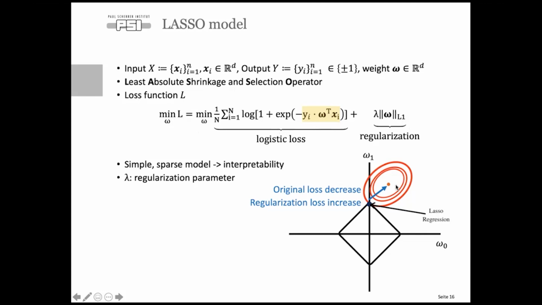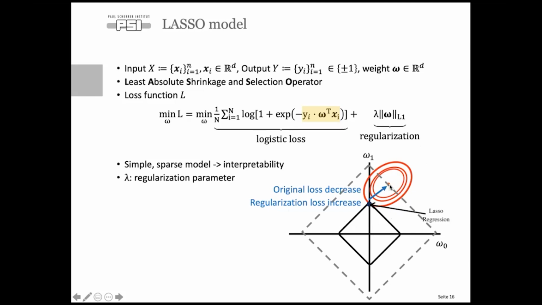To explain Lasso a bit, these red circles are your original loss, and the black contours are the regularization loss. If we move in this direction and reach such a point here, we make our original loss decrease, but such a point would actually lead to a larger contour of our regularization loss.